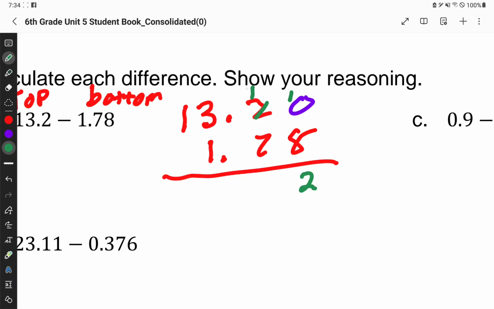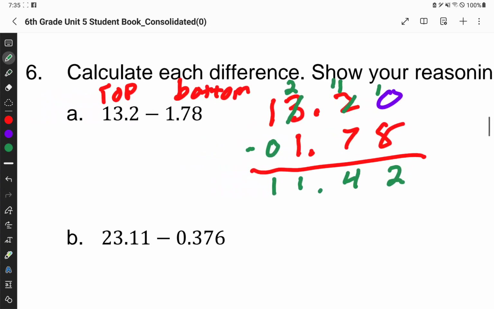I can't take 7 from 1, so I borrow. That becomes a 2. Now that's 11. Seven from 11, and I know a bunch of you just either out loud or in your head just said 7-Eleven, is 4. Put your decimal. 2 minus 1 is 1, and 1 minus 0 is 1. So our answer is 11.42.